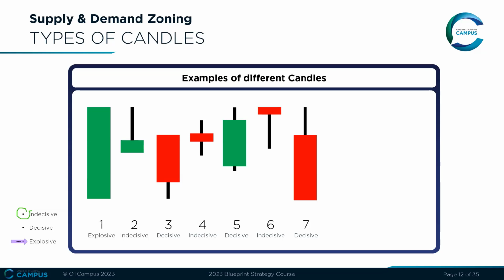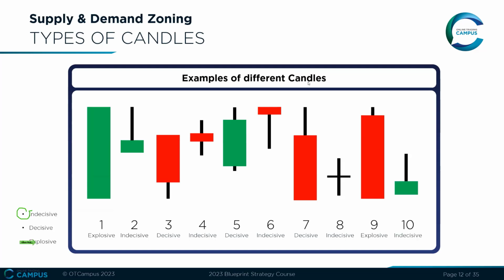I do want you to eyeball the candles, and most of the time, between an indecisive versus a decisive or explosive, the difference should be very clear. So next, what about this one? That's a weird looking, oddly shaped candle. Indecisive. Yes. What about this one? Explosive. Yes. And this one again is indecisive.